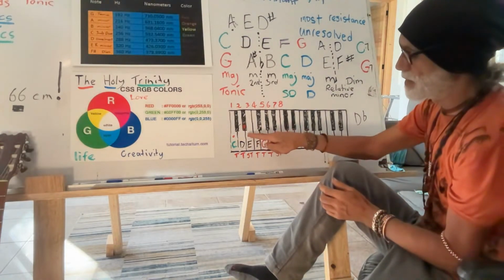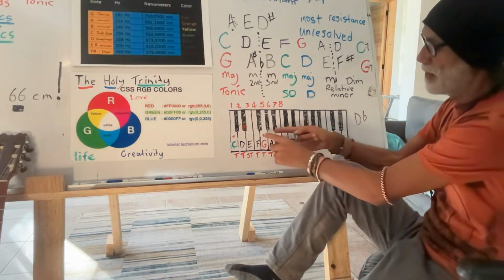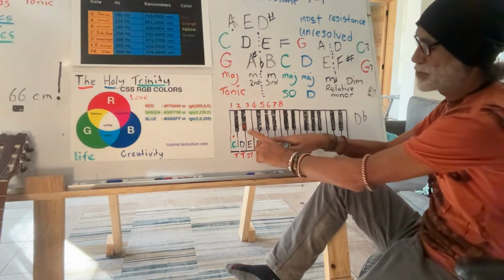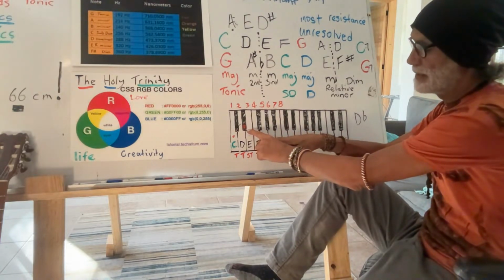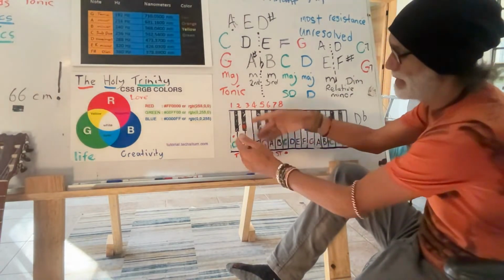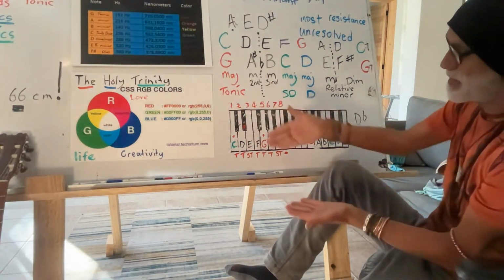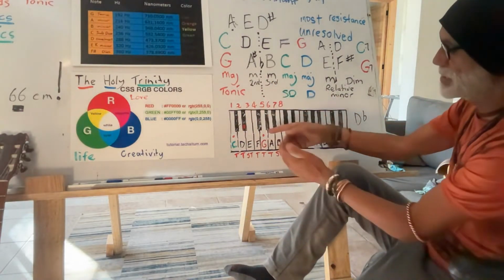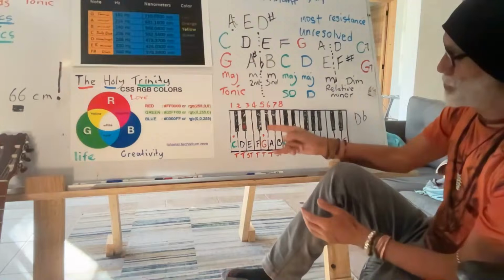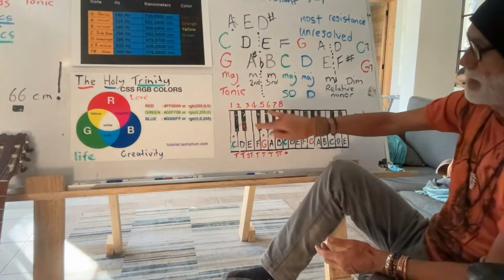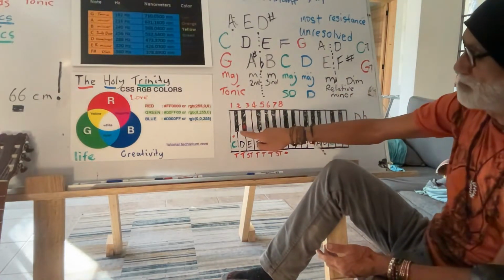But when you flatten the third, now this triad is major and the first triad is minor. That is C minor. You just change the structure of the chord from a major triad to a minor triad.